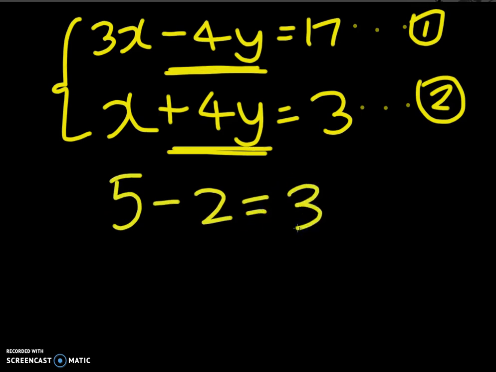That means our answer is correct. But if your answer is not 3, when your LHS, your left hand side, does not equal the right hand side, that means your answer is wrong and you need to repeat the question or find the fault you made.